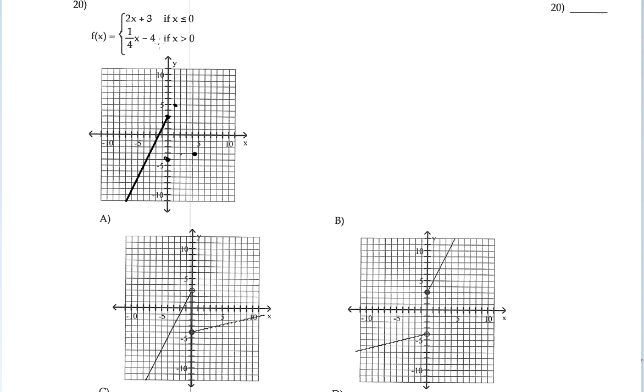And again, this is if x is greater than 0. So that means my line is going to go this way. And it's a dash line, however. So a dash line in between. Okay, you get the idea there. Ugly dash line.